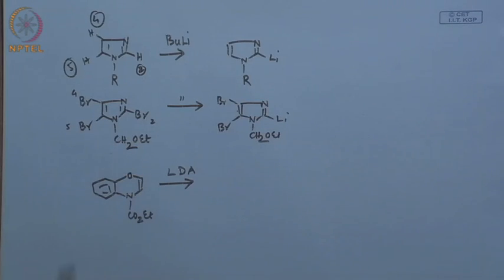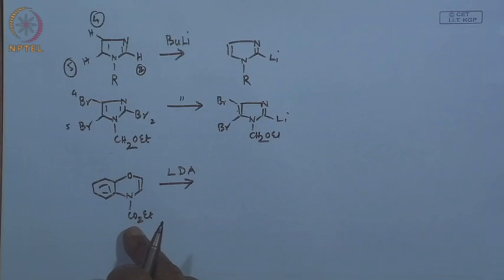You have to know a little bit about the difference between butyl lithium and LDA. What is the difference? LDA is bulky and non-nucleophilic. Because of this bulkiness, the nucleophilicity is reduced, which you have to remember, and basicity-wise it is also less basic than butyl lithium. You can guess, because the corresponding anion is more stable for LDA.